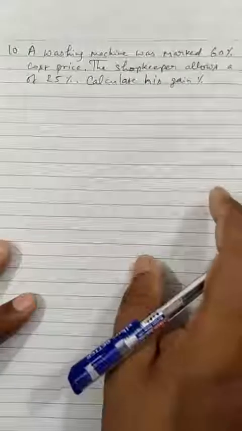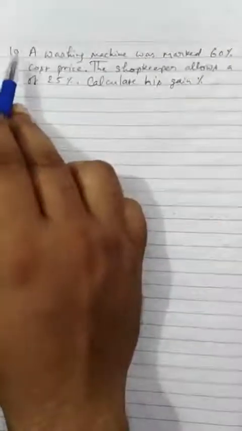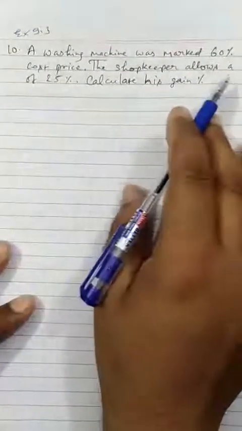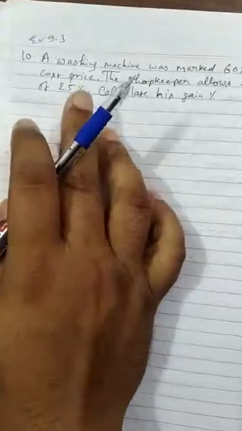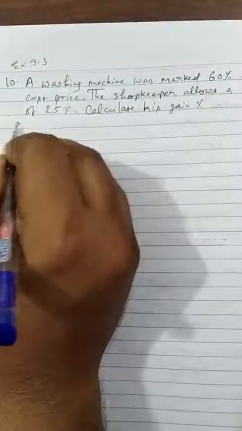Let us take one more common question. Question number 1 of exercise 9.3. A washing machine was marked 60% above its cost price. So let us take cost price as 100.